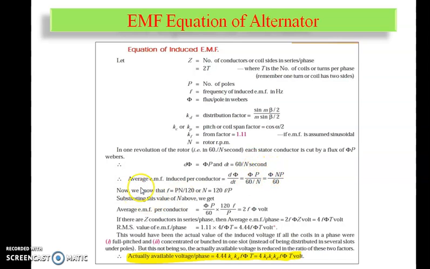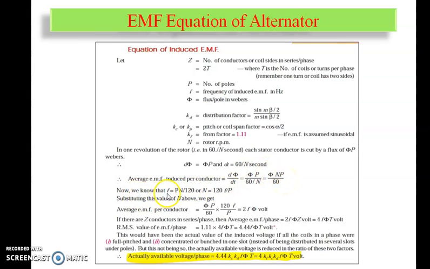The average EMF induced per conductor equals d phi by dt, that is phi P divided by 60 by n, which is phi nP divided by 60. This is similar to the EMF equation of a DC generator as well as the EMF equation of a transformer.